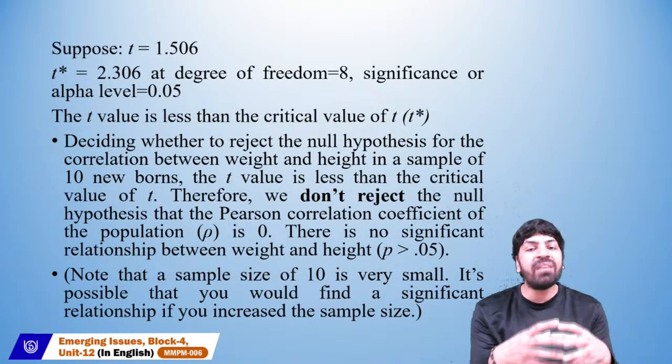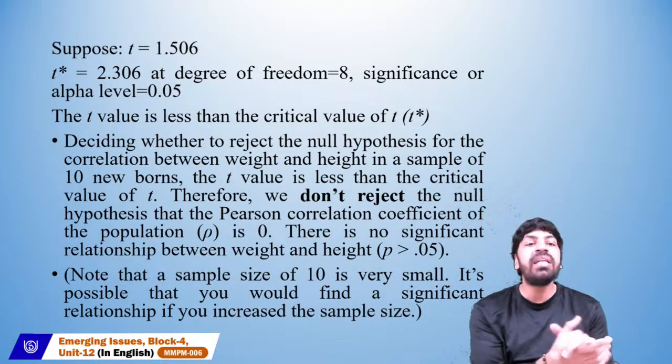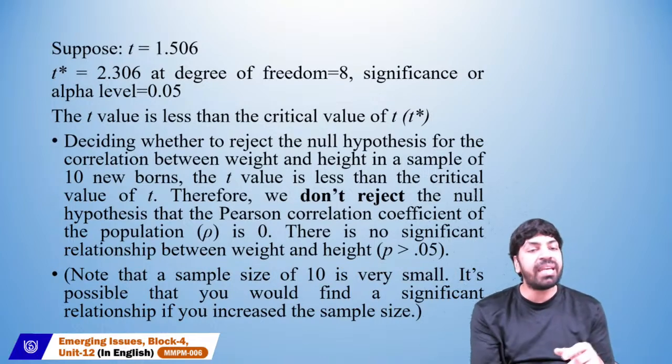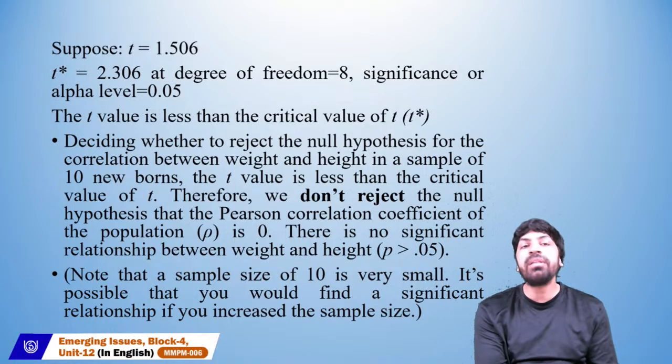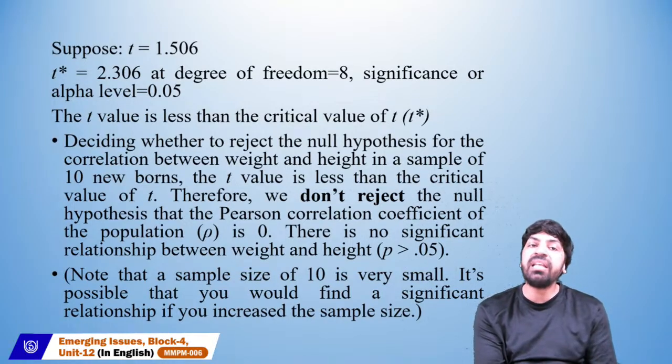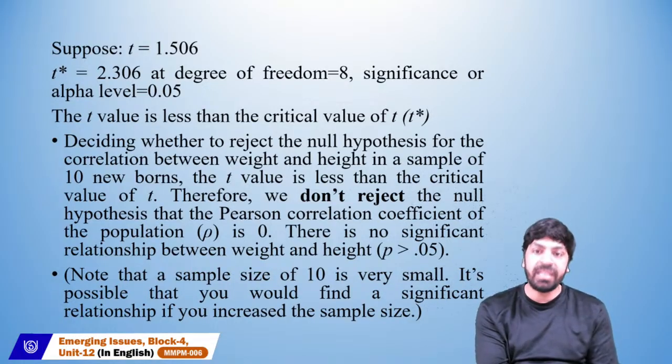In other words, the t statistic value is less than the critical value, or the tabulated value, t dash. So when the calculated value is less than the table value, then we do not reject the null hypothesis.